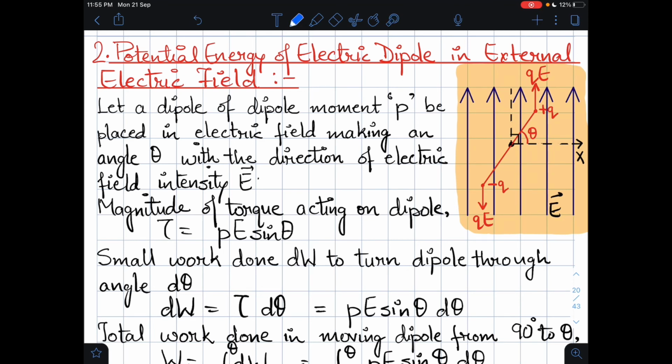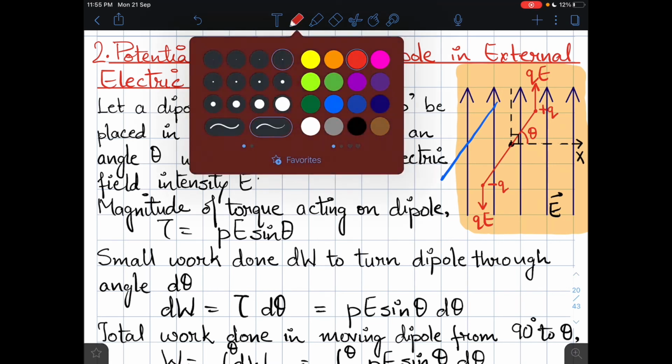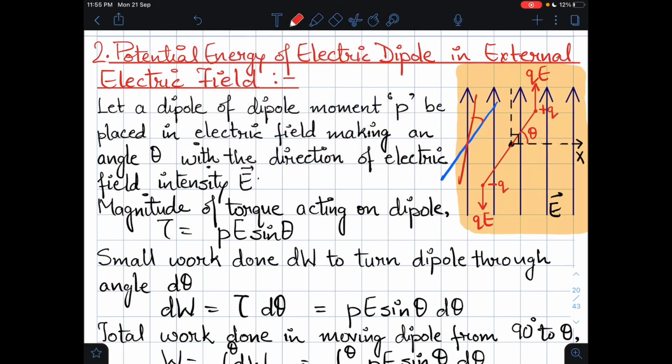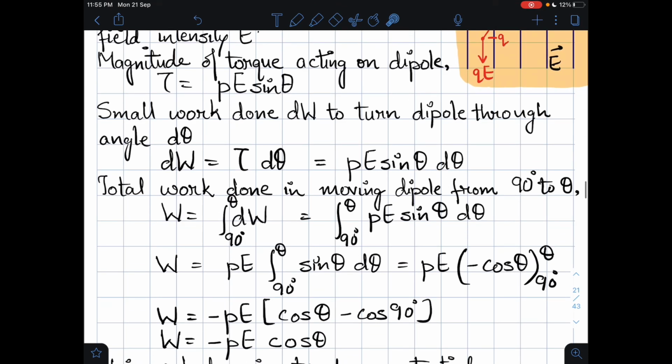Suppose it was earlier at this position and now it is at this position, so this angle I can take as d theta. So the small work done in moving it by an angle d theta is dW equals tau d theta, or it becomes pE sin theta d theta.